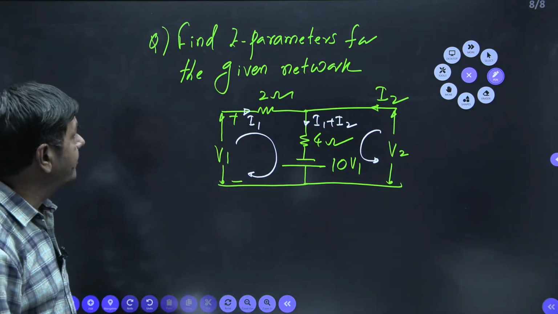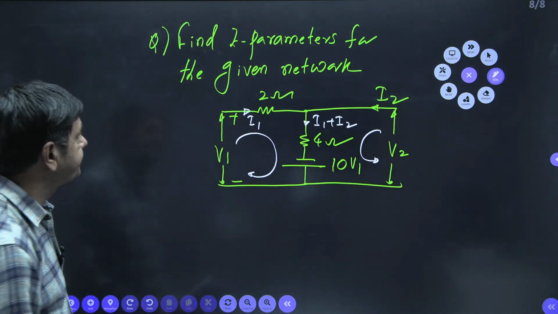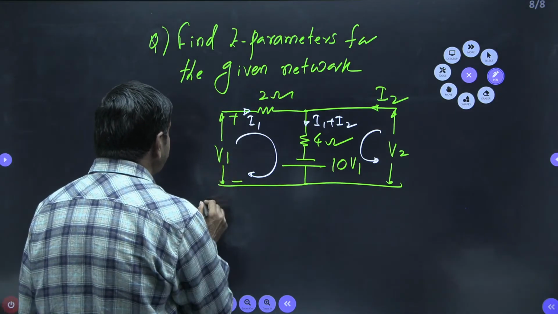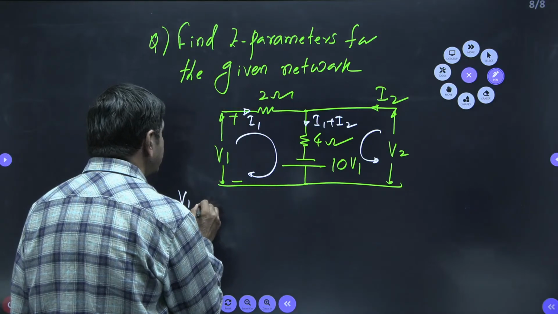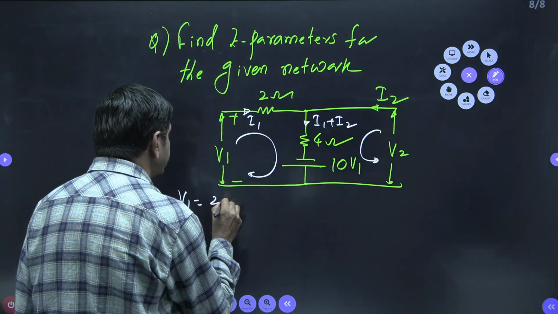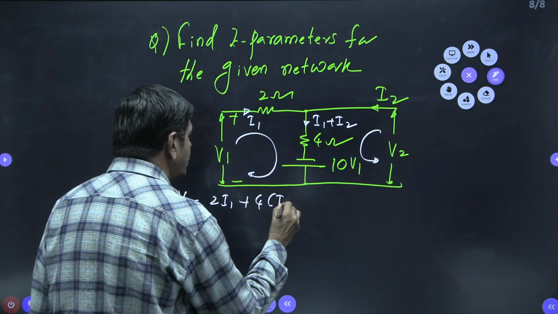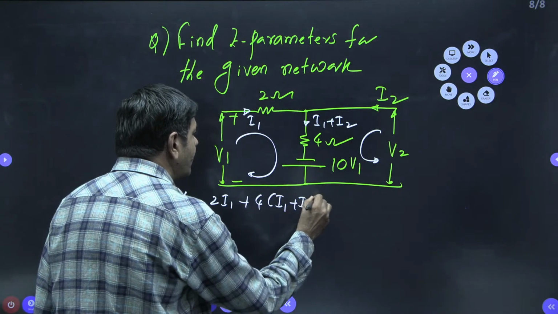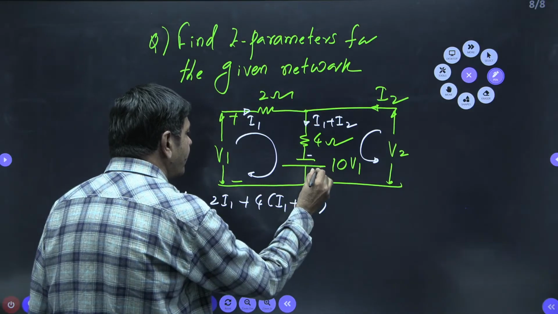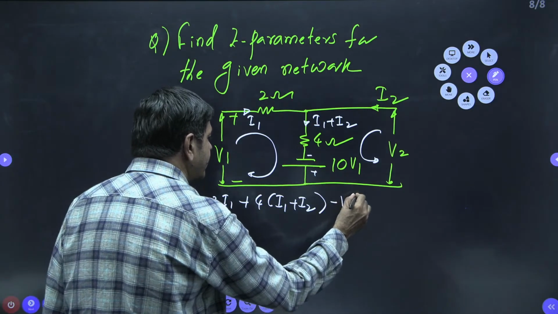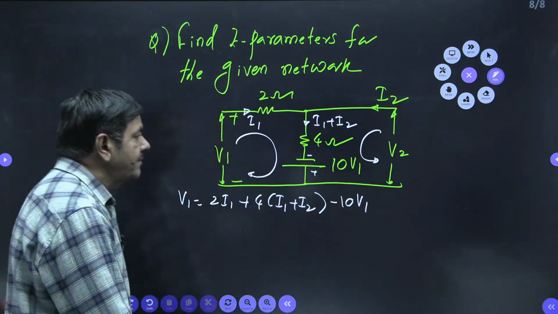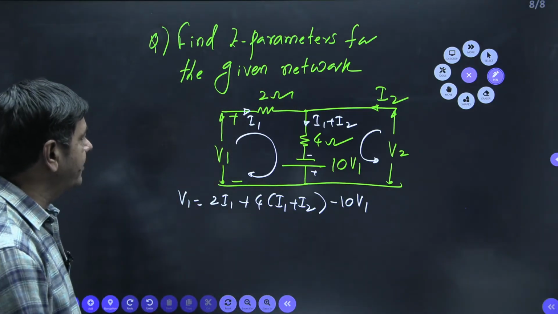Then how can I form equations here? Here V1 equal to, I can note down 2 into I1 plus 4 into I1 plus I2 minus 10 V1. I can put minus 10 V1 here.